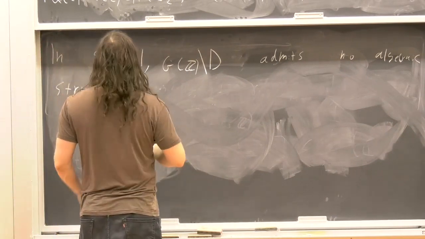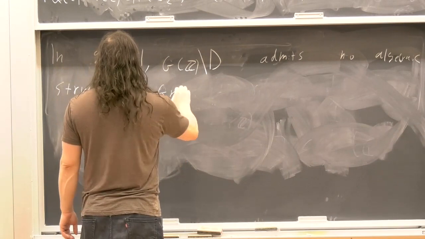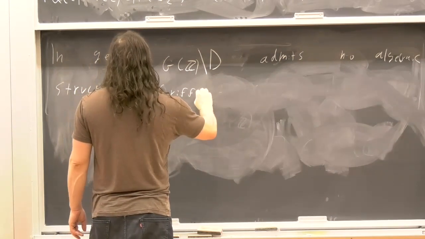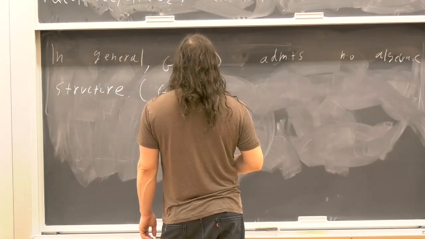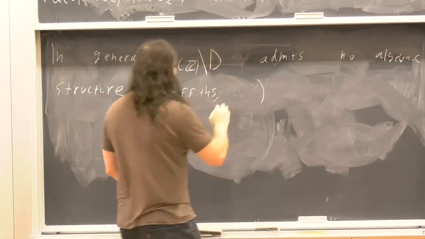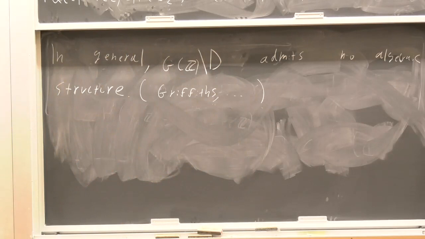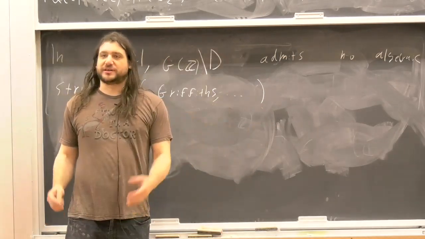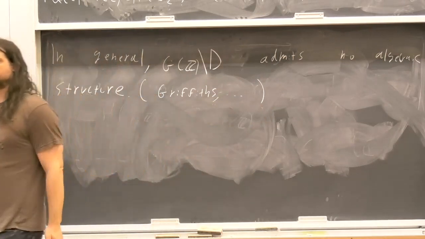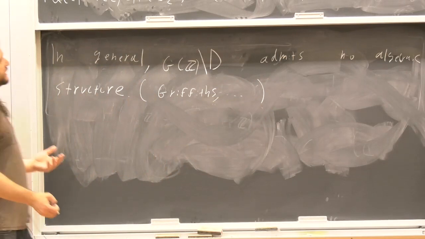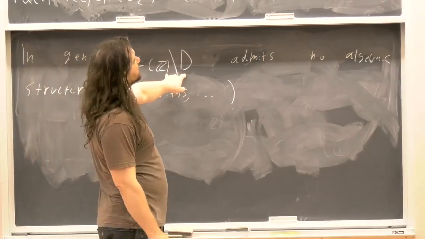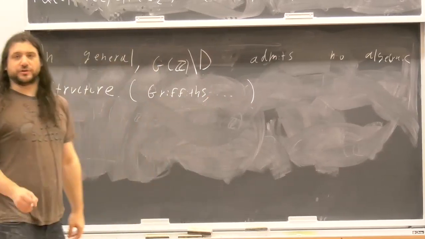This is due to a bunch of people; Griffiths did a bunch of work on this. I don't remember the names right now, I'll come back with references. So sometimes it does, importantly in the case of Shimura varieties, which are also moduli spaces of certain types of Hodge structures, you get an algebraic structure. But most of the time, if you just pick random lattices and Hodge numbers, you won't.